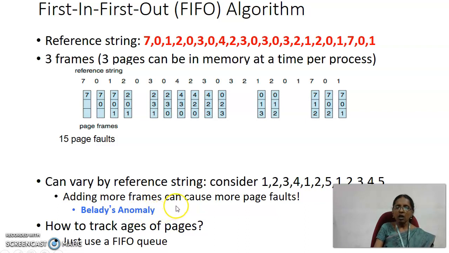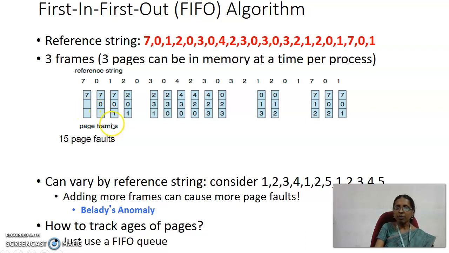If you add more frames, then ultimately the number of page faults will decrease. That is the general fact. If you increase the number of page frames, the number of page faults will automatically decrease, because more frames are available in the main memory, so you can accommodate more pages.